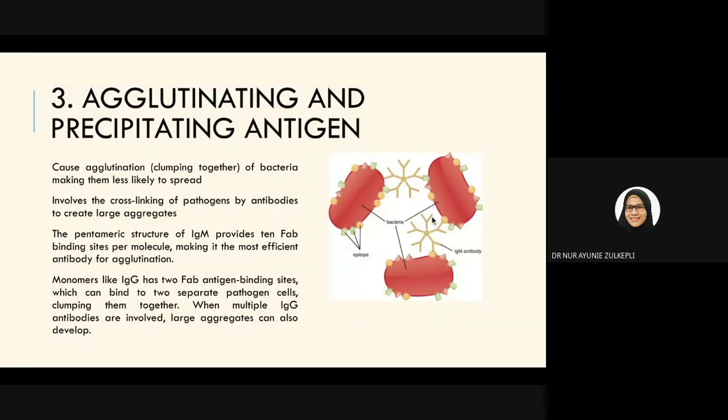So all these antigen binding sites will recognize the epitopes on the bacteria and make them form a clump, or agglutination. That is the function of the agglutination. Okay, so when the bacteria agglutinate, clumping together, it makes them less likely to spread.